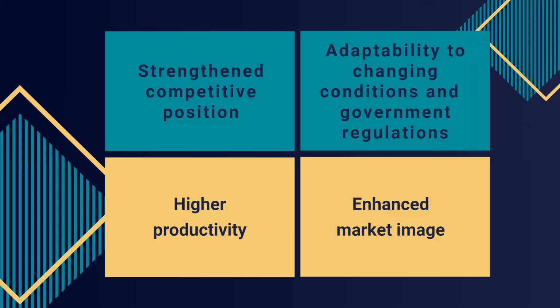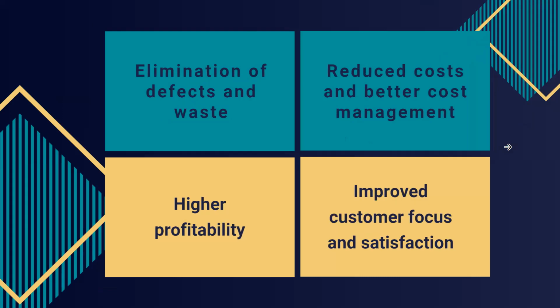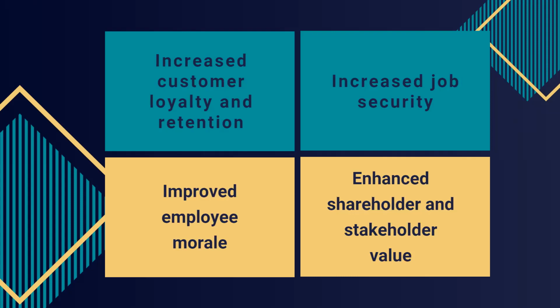Number 1, strengthen competitive position, adaptability to changing conditions and government regulations, higher productivity, enhanced market image, elimination of defects and waste, reduce costs and better cost management, higher profitability, improve customer focus and satisfaction, increase customer loyalty and retention, increase job security, improve employee morale, and enhance stakeholder and shareholder value.